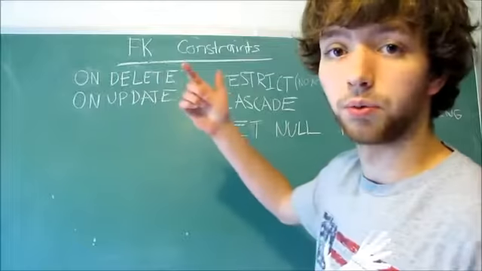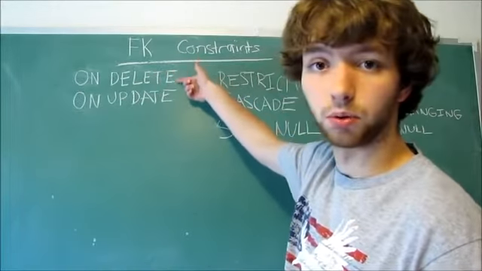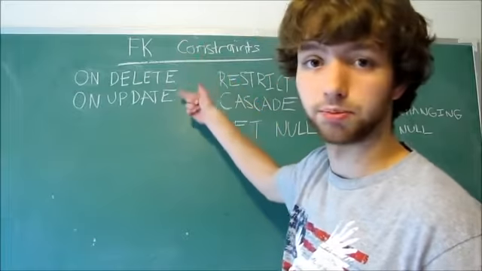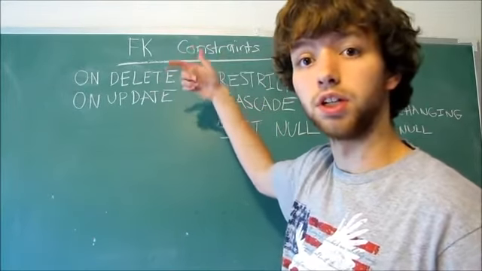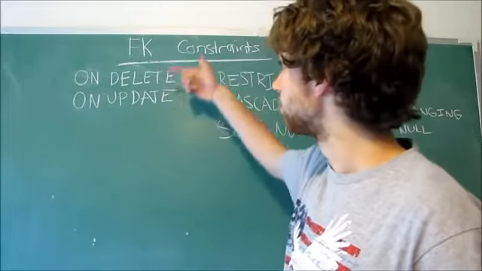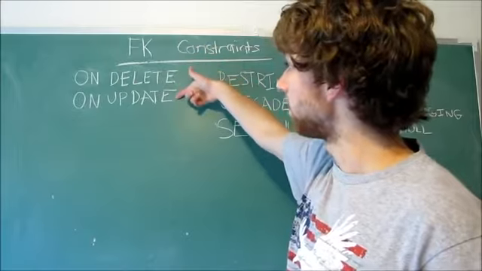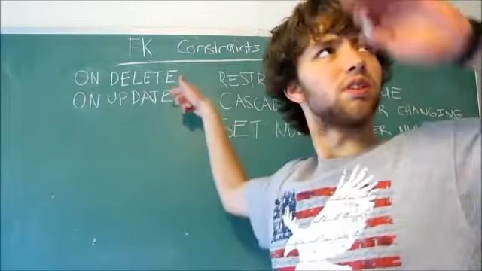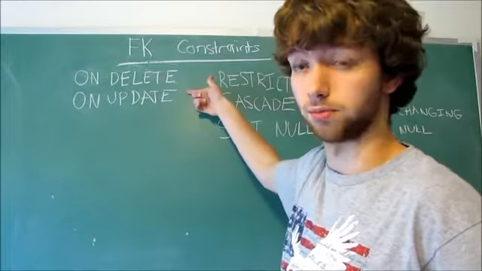Alright, so when we create an SQL statement, we can add these two keyword phrases here, on delete and on update. This refers to the foreign key constraint, but it's talking about the parent. So when we update the parent, we want the children to do something.